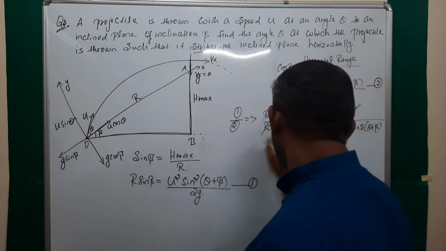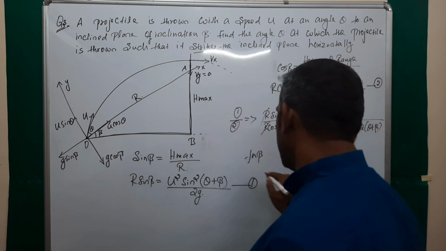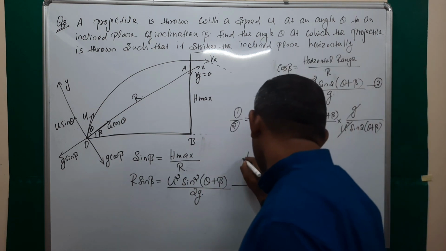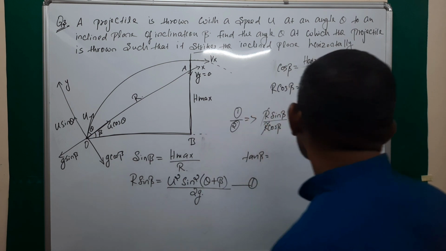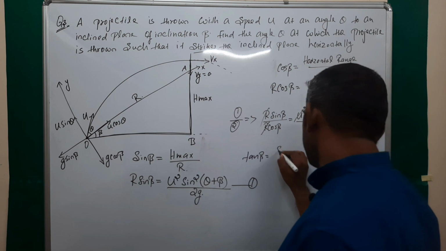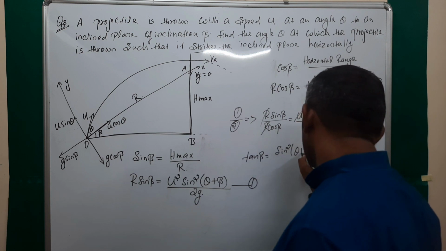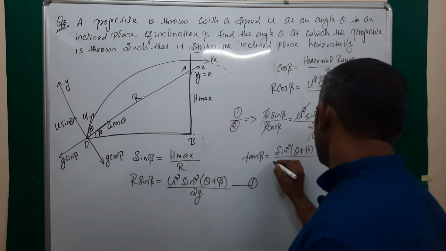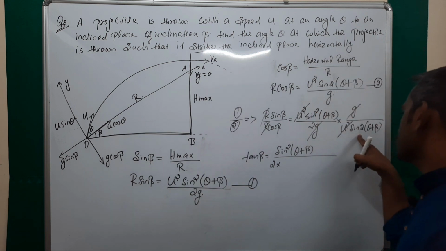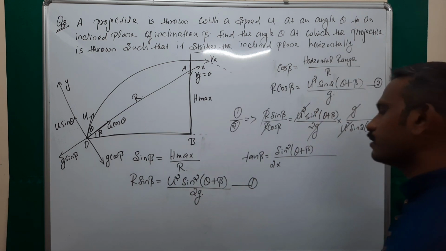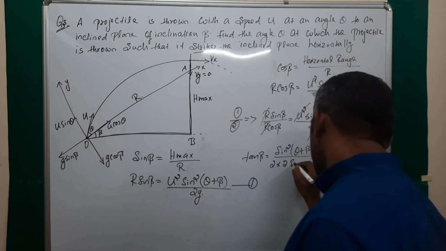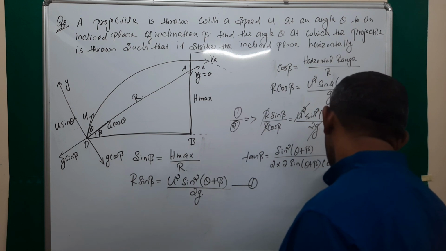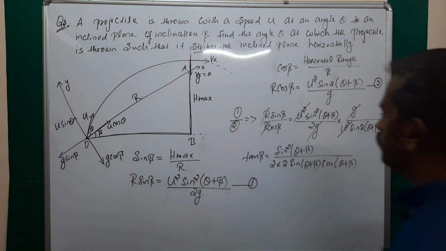So from this what can we write? Sin beta by cos beta, that is tan beta, is equal to sin square theta plus beta divided by 2 into sin 2 theta plus beta, which we can write as 2 sin theta plus beta into cos theta plus beta.